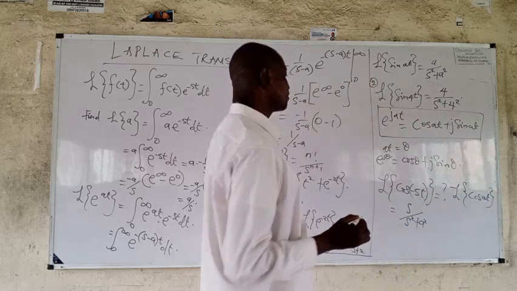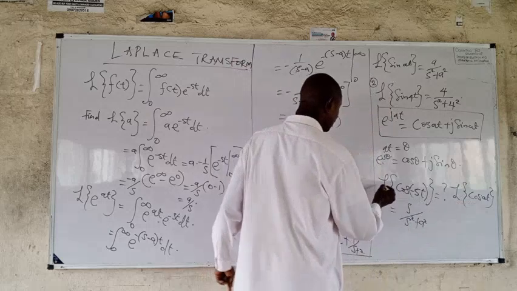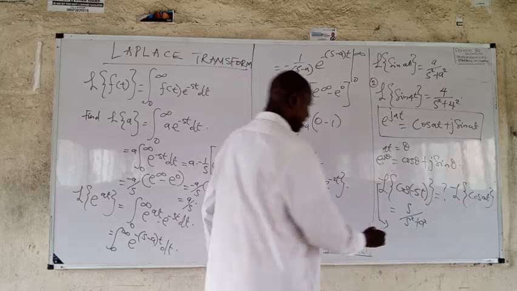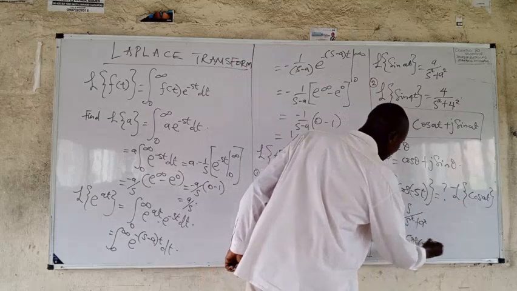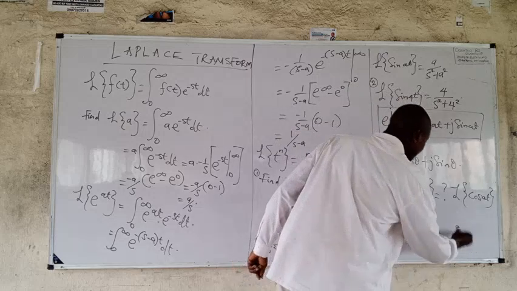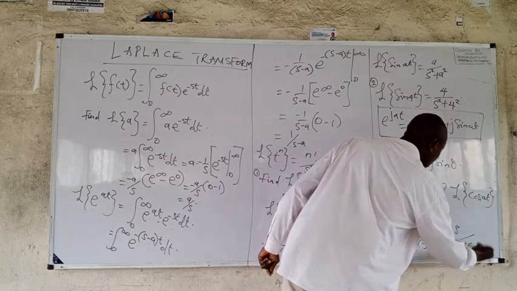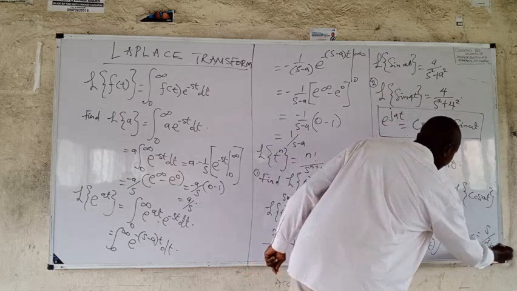This is the Laplace transform for cos AT. So if we are given this to resolve, it's quite simple. All we do is formula translation. That simply gives us Laplace of cos minus 5t equal to s over s squared plus minus 5 all squared. That gives us s over s squared plus 25.